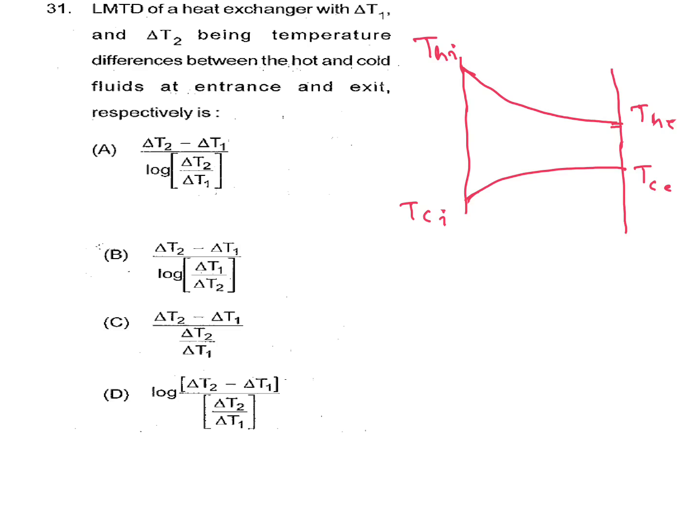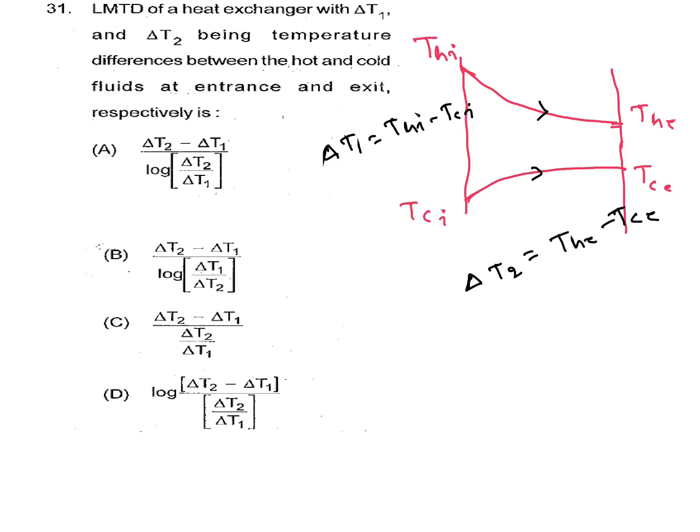For example, I am taking parallel flow heat exchanger. So in this case, delta T1 is THI minus TCI, and delta T2, temperature difference at exit, is THE minus TCE.